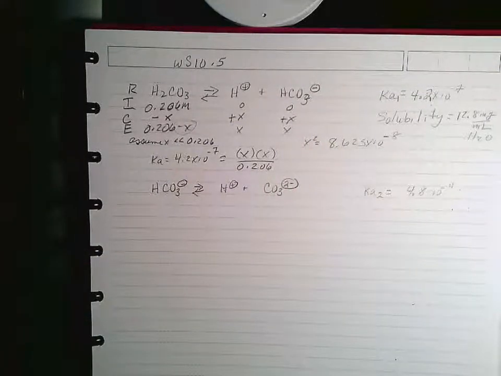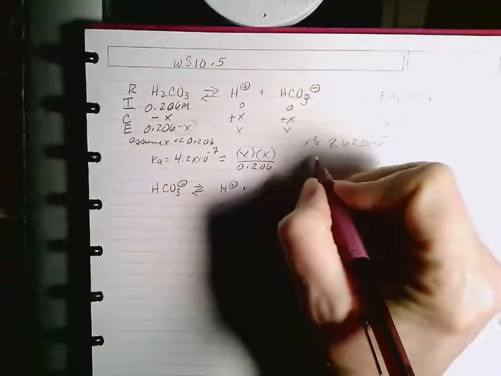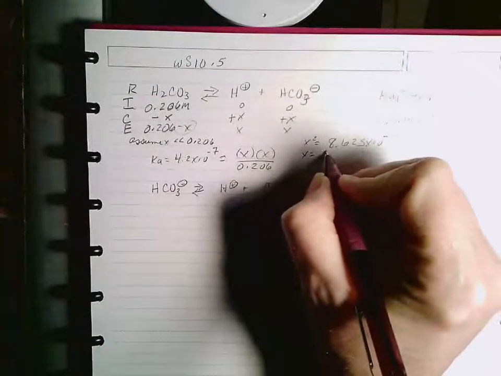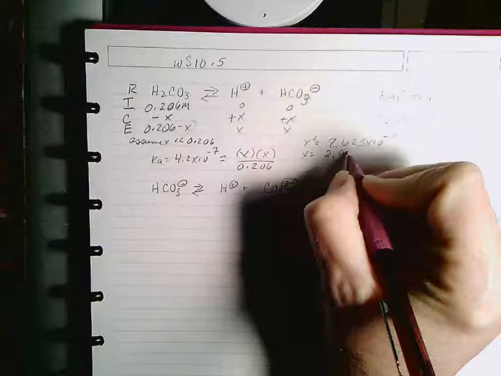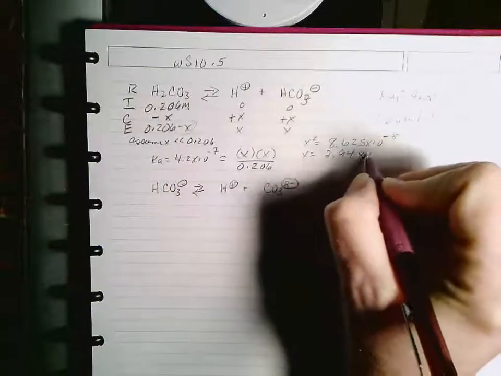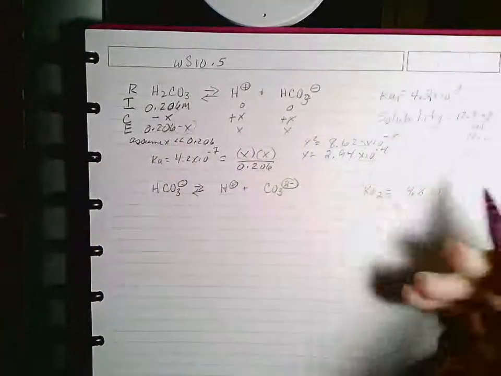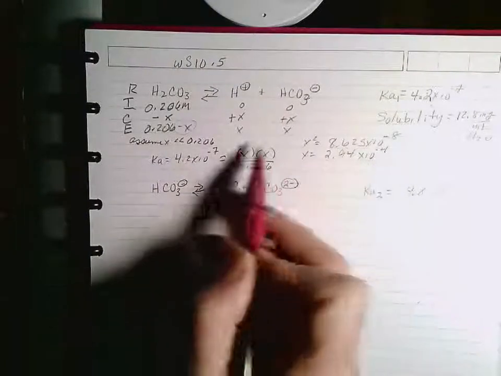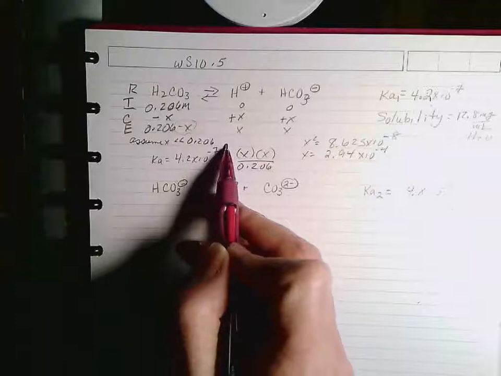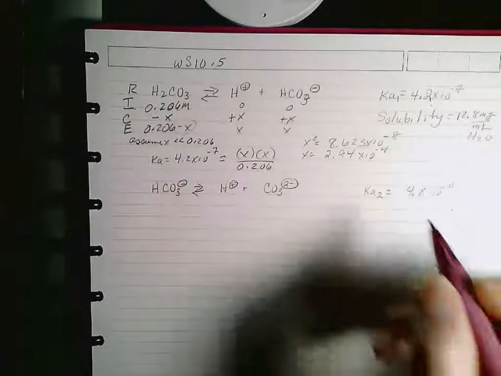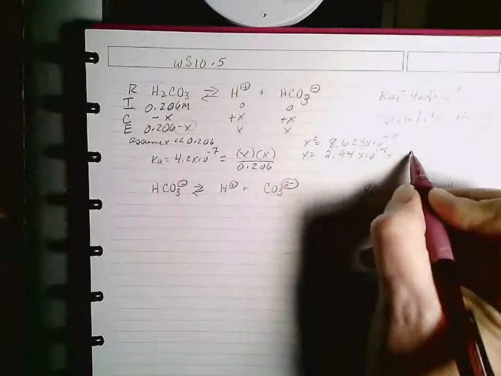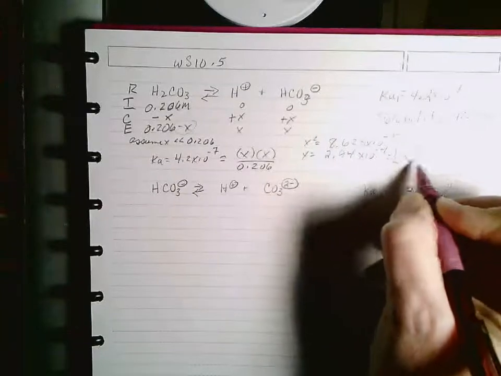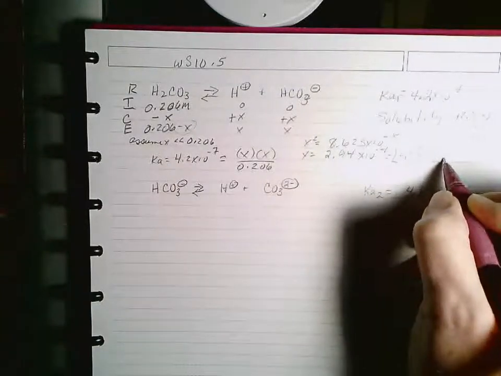I get that X equals 2.94 times 10 to the negative 4th. So I was safe in this assumption because this is actually out here 2 more decimal places. And so that is my concentration of hydrogen ions, and it is my concentration of hydrogen carbonate.